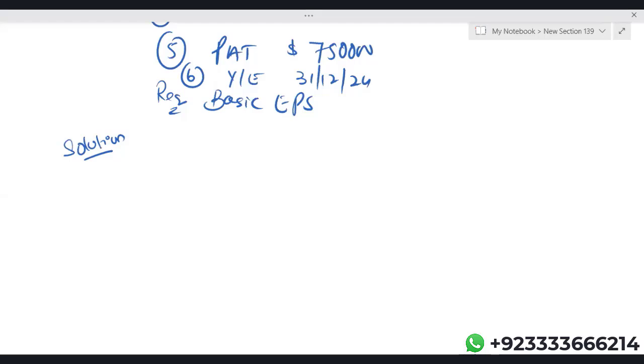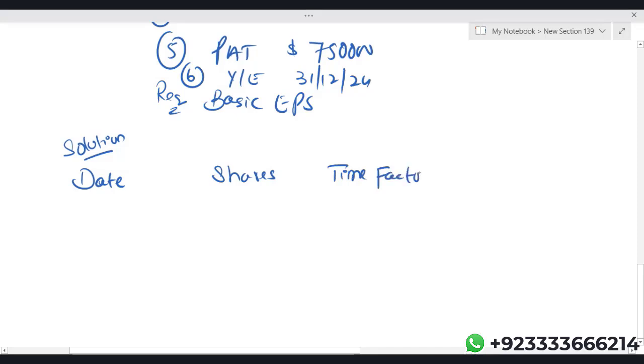How do we calculate weighted average ordinary shares? Just make a few columns. That is an easier approach. Date, shares, time factor, adjustment factor. The adjustment factor issue only arises when there is a bonus issue or rights issue, or both.